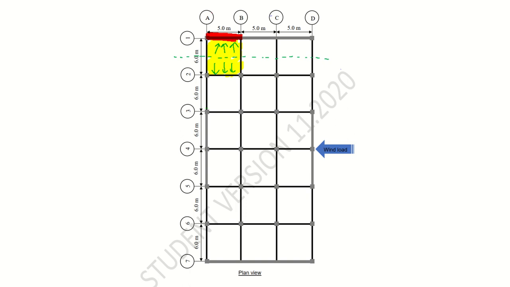That means from kilonewton per meter square, you want it to be kilonewton per meter, you need to times with half of this 6 meter.